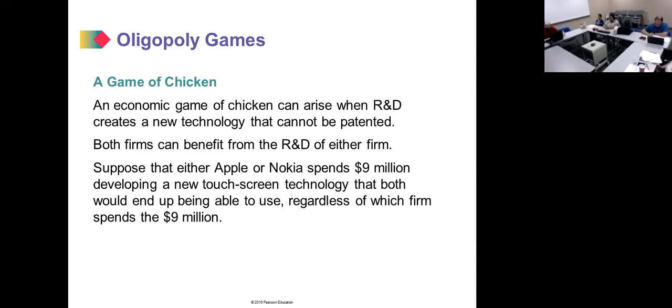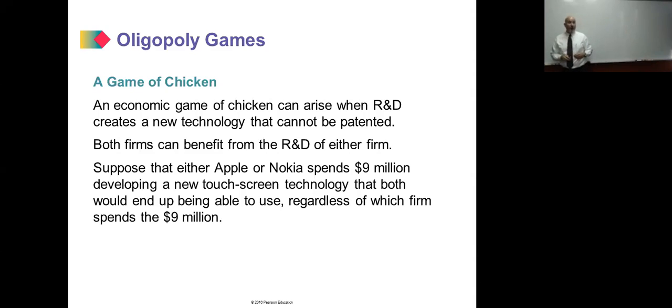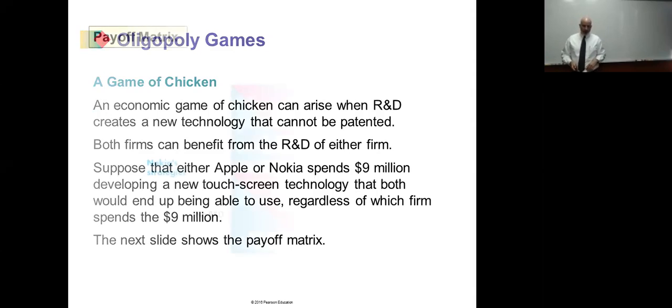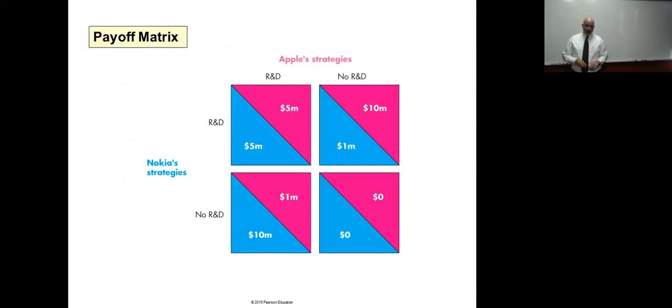Well, they would say that they were first, but they would then bear the cost, and remember, maximizing profit. They would bear an expense or a cost of $9 million. Nokia would get the rights to that technology and be able to use it without making that capital expenditure. So Apple strategies.